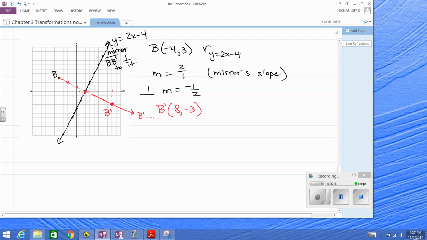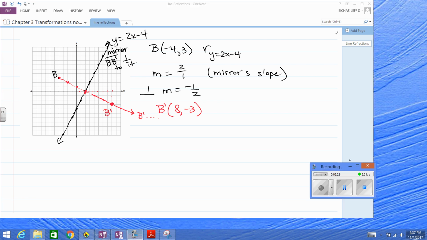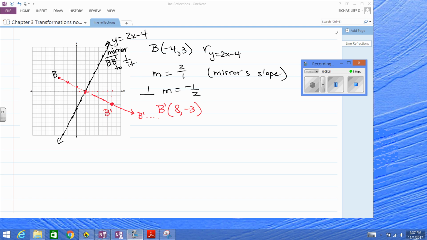So that's reflecting over a line that has a slope other than undefined, 0, 1 or -1. This is a really strange situation. We probably won't face this, but it's important that we understand it, and we'll be a lot better off.